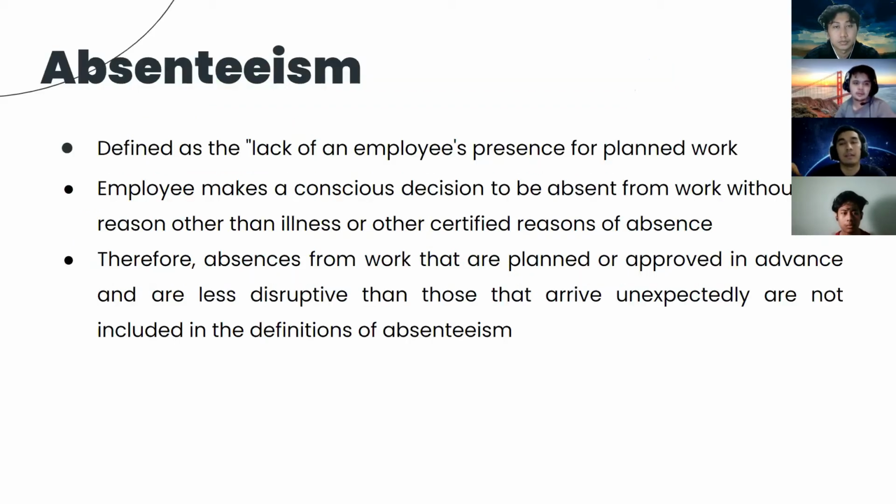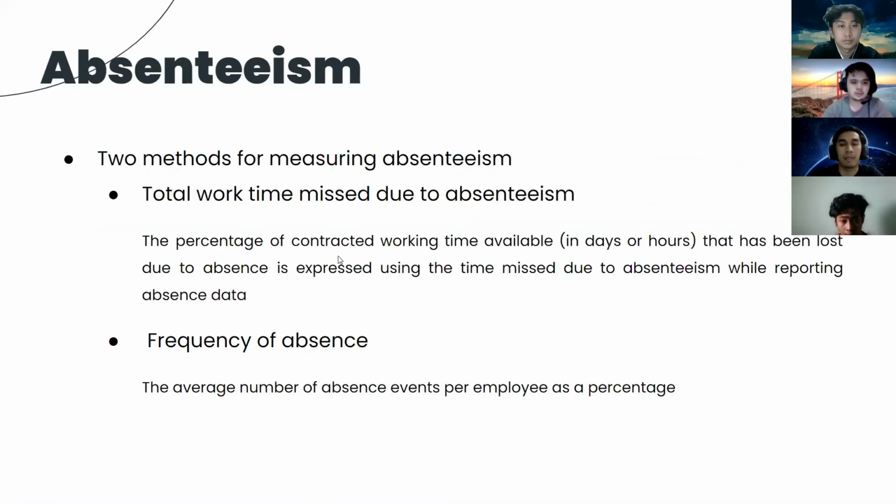So absenteeism is defined as the lack of an employee's presence for planned work. That means the employee made a decision to be absent from work without any reason other than illness or other certified reason of absence. Therefore, absence from work that is approved in advance is not absenteeism. There are two methods for measuring absenteeism.